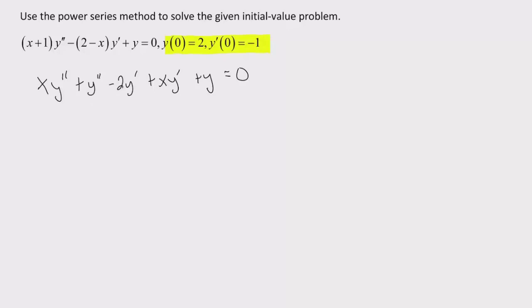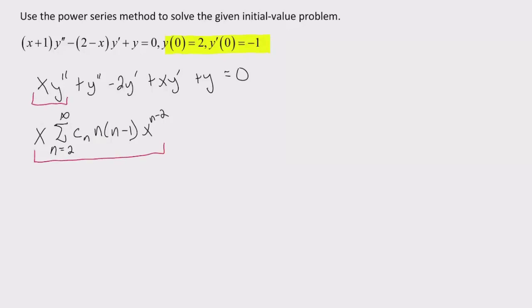So for the x, the summation for the second derivative is n equals 2 to infinity c sub n times n times n minus 1 times x to the n minus 2. And that's just for this little piece right there.